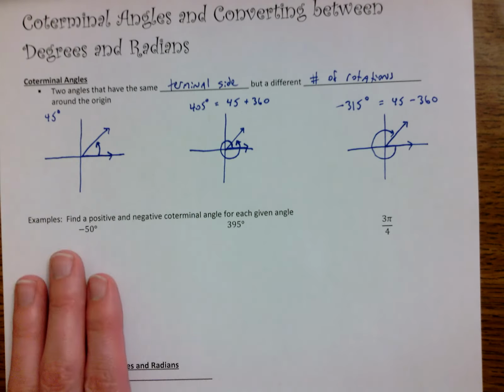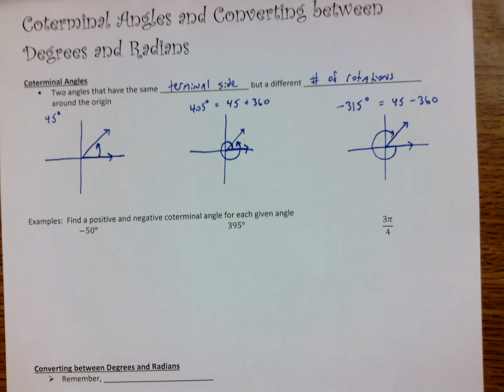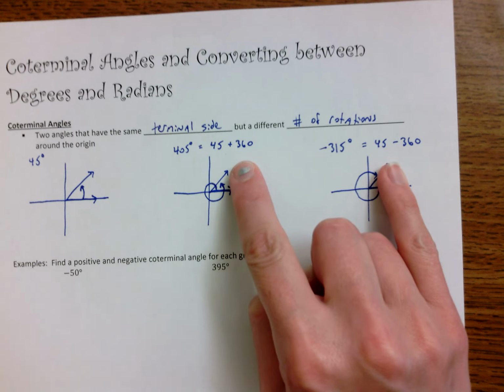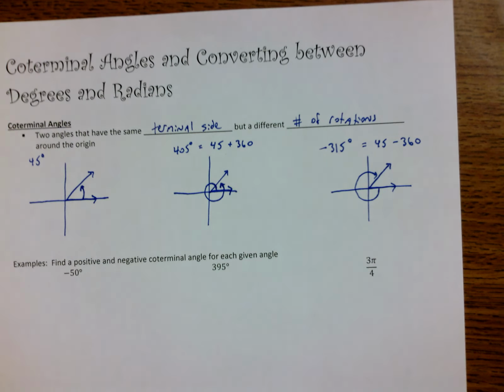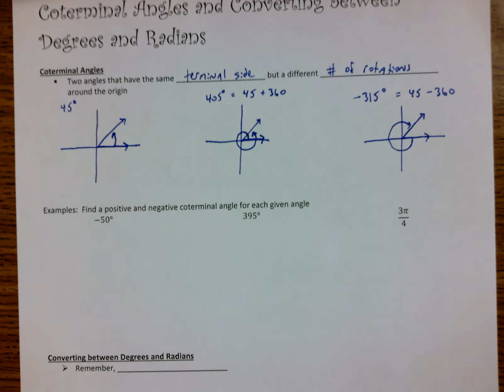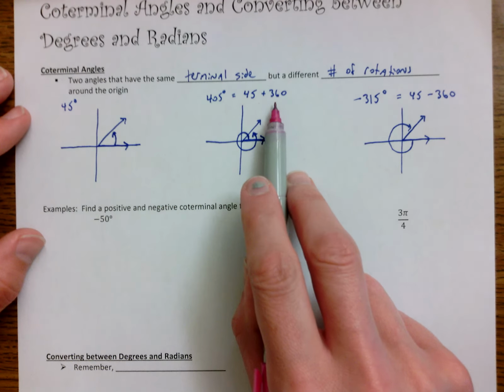So when I ask you to find a positive and negative coterminal angle from a given angle, it's pretty easy, and you've probably already figured it out. It's just a matter of how many loops around the circle we did, okay? So if I have a negative 50-degree angle and I want to find a positive angle that is coterminal with that, all I'm going to do is add a loop of the circle, just like we did here.